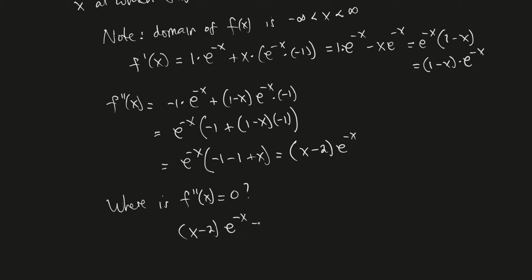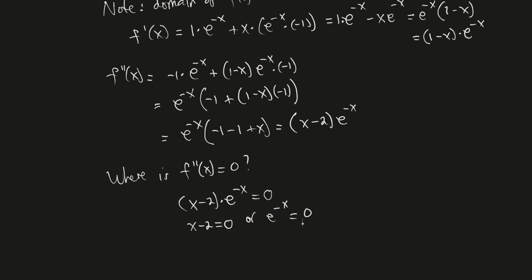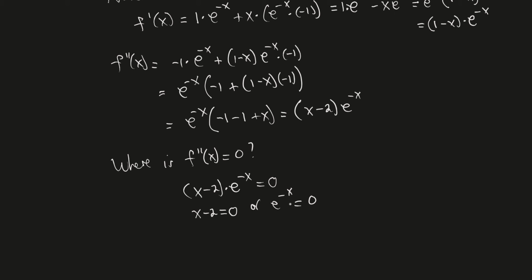So we have this equal to 0. So there are two factors here. So either the x minus 2 must be 0, or the e to the negative x must be 0. But going back to properties of basic exponential functions, they never touch the x-axis, right?